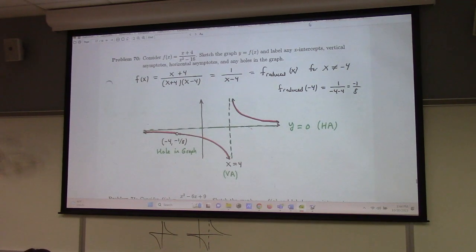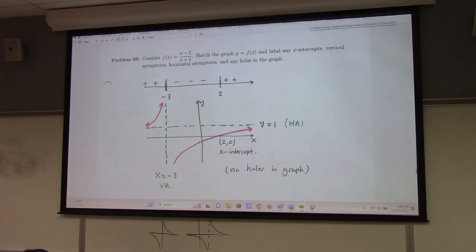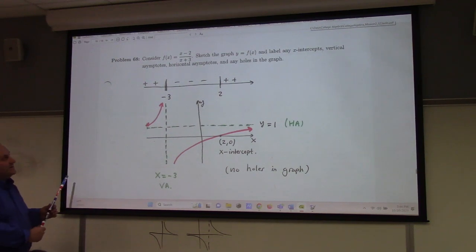We had a problem like this on the quiz, remember? Problem 68, similar animal, but I think this one's the easiest so far today of these sorts. There's no hole, and there's no algebra, it's just there waiting for you to graph it.